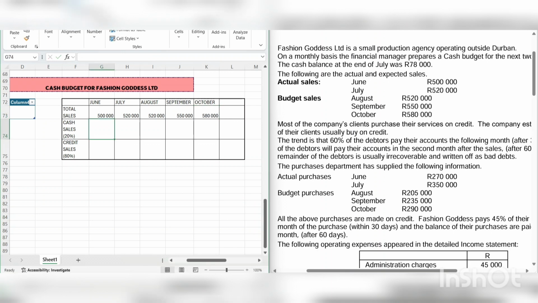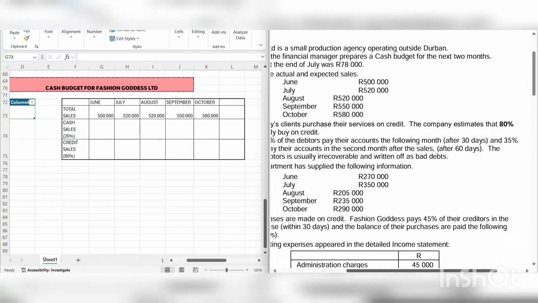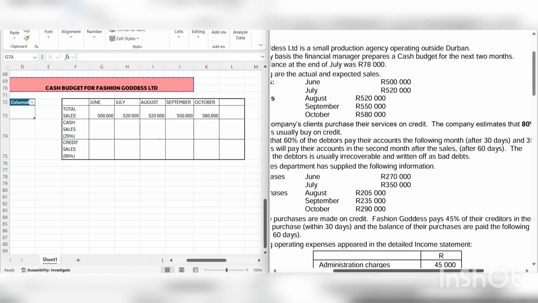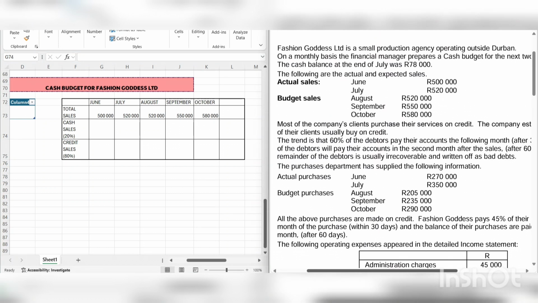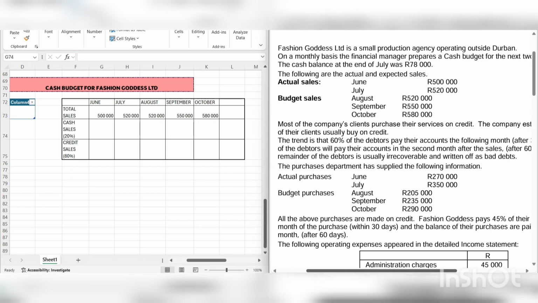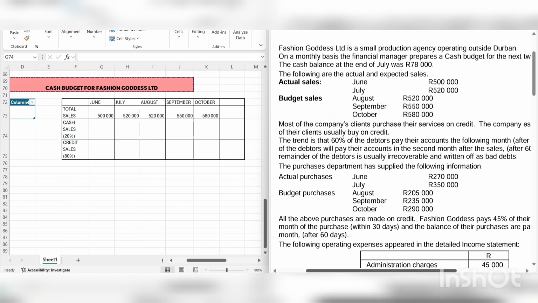Then the information says that most of the company's clients purchase their services on credit. The company estimates that 80% of their clients usually buy on credit. So 80% of sales are on credit.